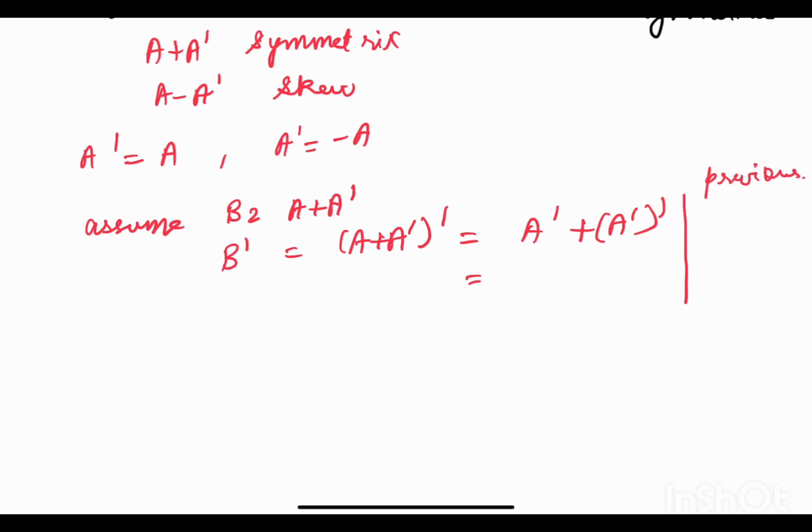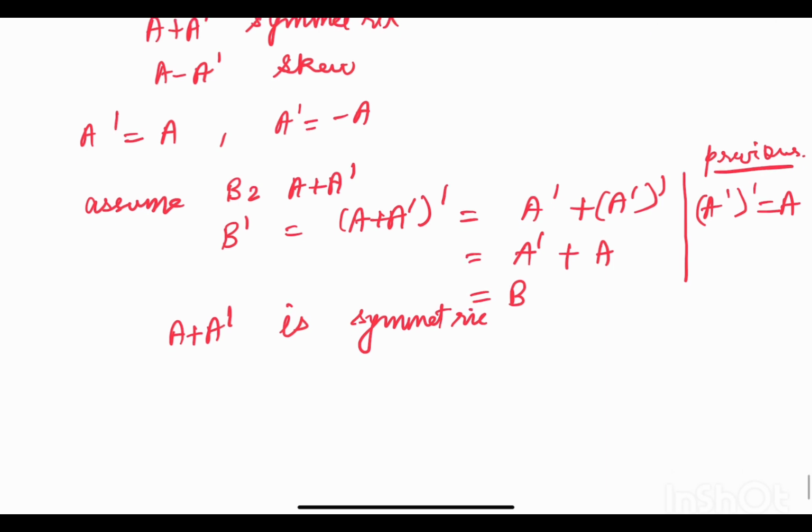Kindly go through it. That if I take the transpose of A dash, it will just give back the original matrix which you have started with. So this will be A dash plus A. Now if you focus, this is B, isn't it? It means that A plus A dash is my symmetric.